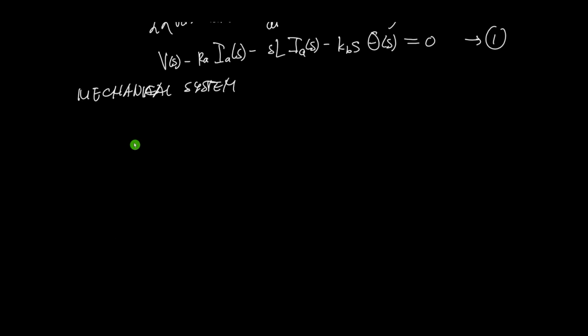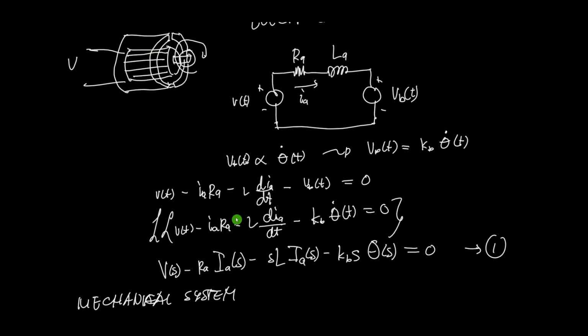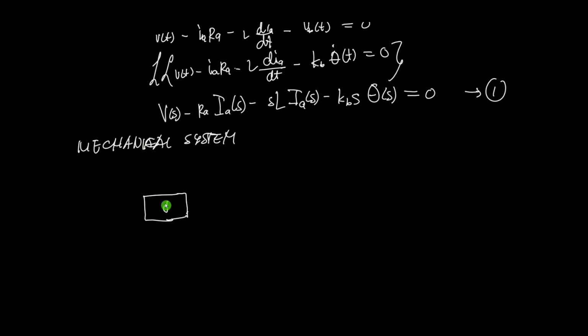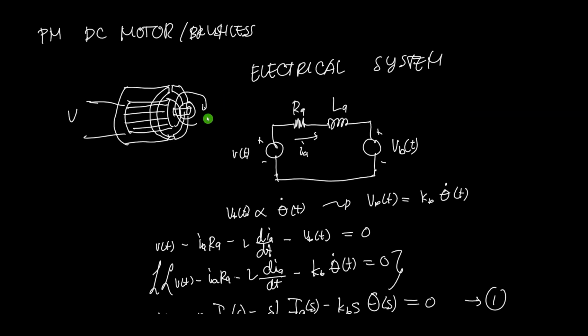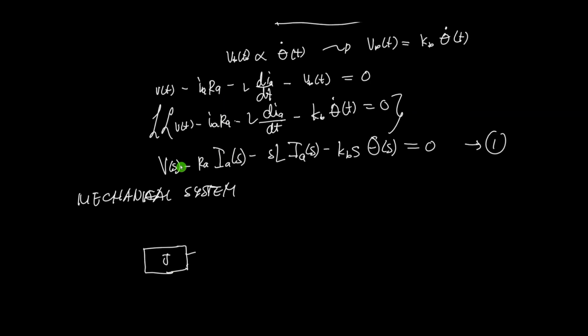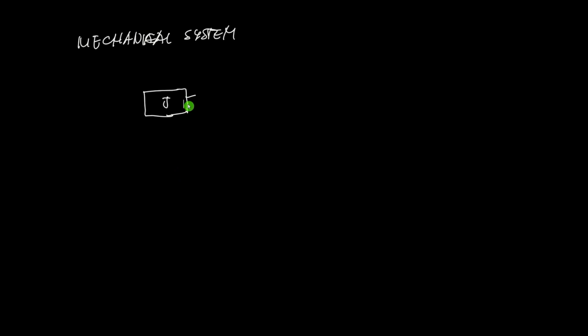So we can model this with a mass moment of inertia, the core or the rotor, which you can call JM if you want. Then somewhere at the shaft there is a bearing that can be modeled as a damper. So this is the damping, and this is actually rotating.